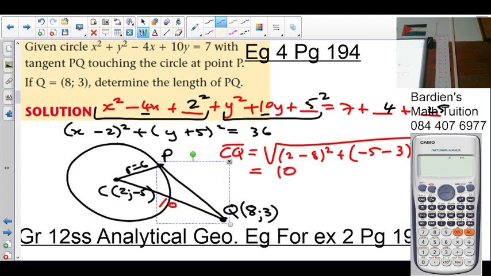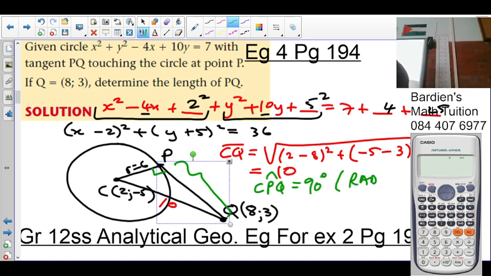Okay, but they haven't answered the question. Now what do they want? PQ. Now we're going to calculate PQ. But where's the 90? We must first say angle CPQ is equal to 90 degrees. Why?